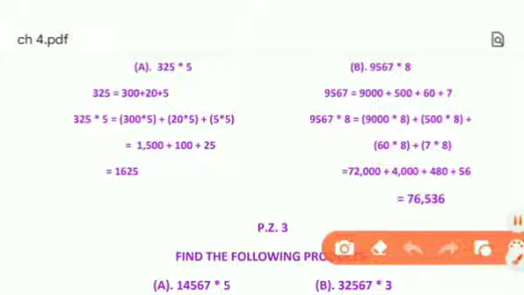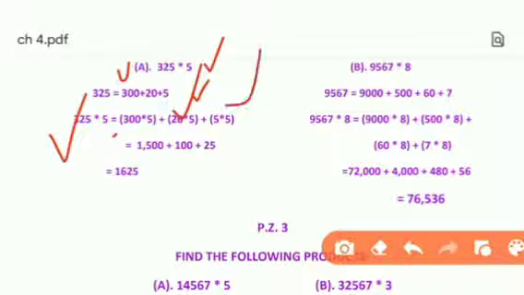Now after expanding, the answer is 300 plus 20 plus 5. Now we will multiply 325 into 5. Because we have expanded this number like this, 300 plus 20 plus 5, now we will multiply each number by 5. So first we will write 300 into 5, then 20 into 5, then 5 into 5.